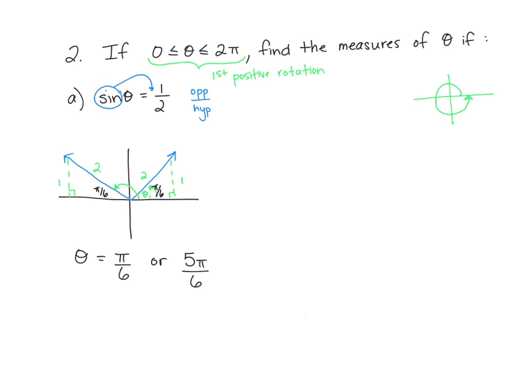The other piece I just want to talk about is how we recognize where those terminal arms are located. So for sine, we know sine is opposite over hypotenuse. And if our hypotenuse is always positive, then we can just think about what is happening with the opposite side.